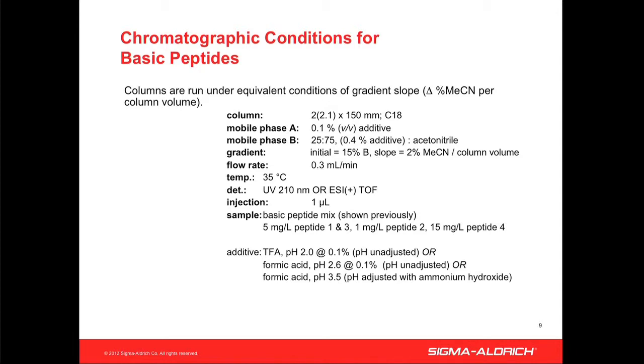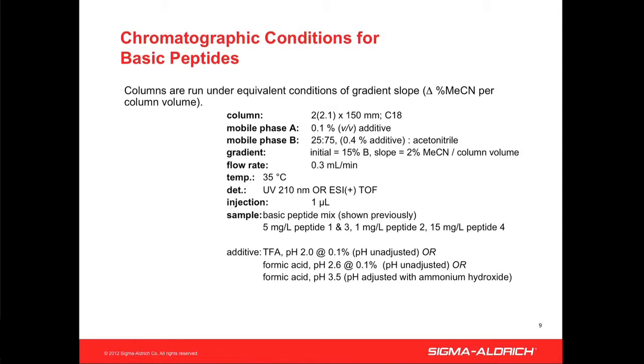Again, these are the columns we use, some various ones, with the 0.1% additive and the same in the final concentration of mobile phase B. We did a constant gradient for these different columns. The additive can be TFA, or in the case of formic acid, unadjusted at pH 2.6, or else adjusted with ammonium hydroxide to pH 3.5.